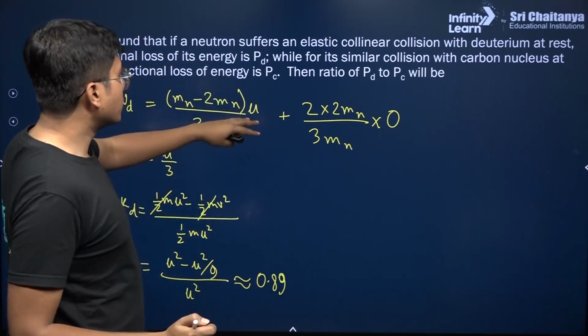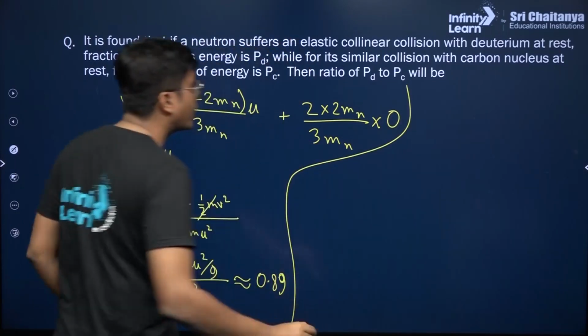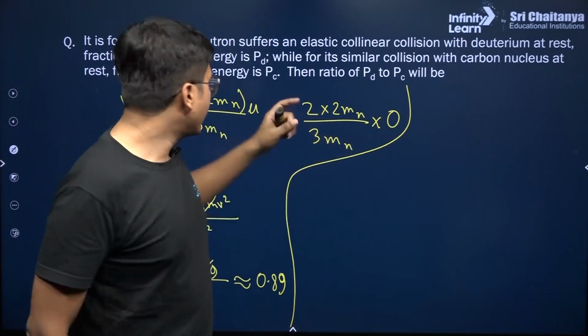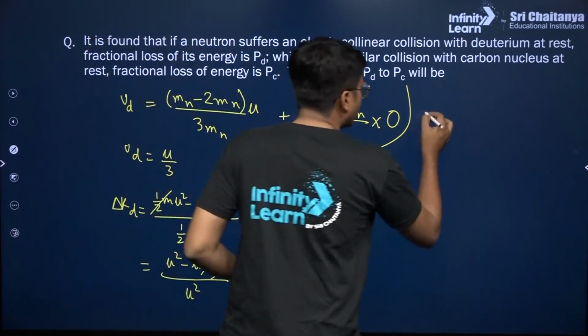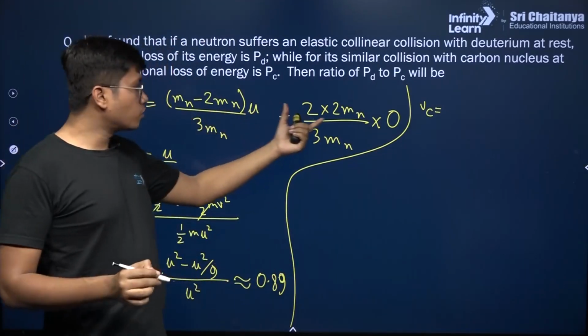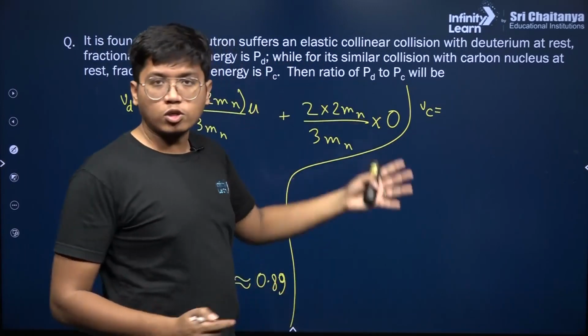Next, when you use a similar relation for the carbon, remember for carbon the mass number is 12. So there you'll have a similar relation, but your Vc would be equal to, again only this part will play a role, this won't play a role, because the carbon nucleus was also at rest.